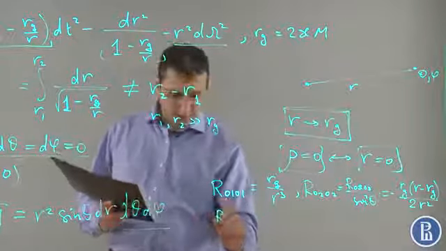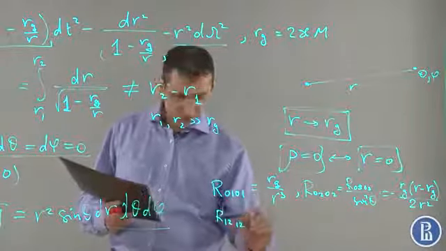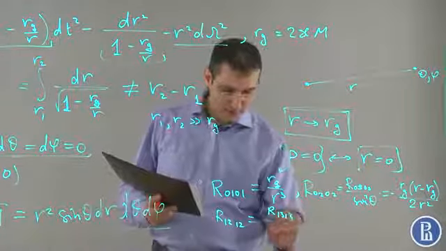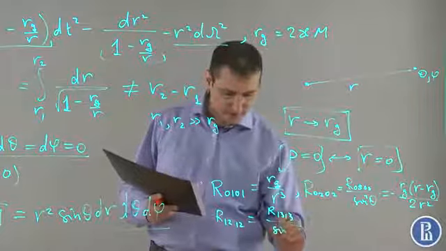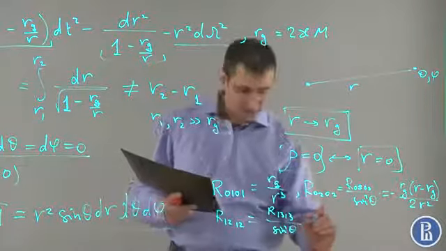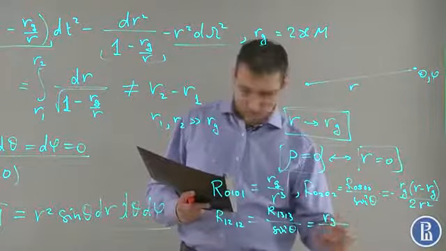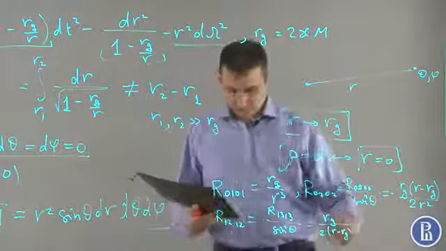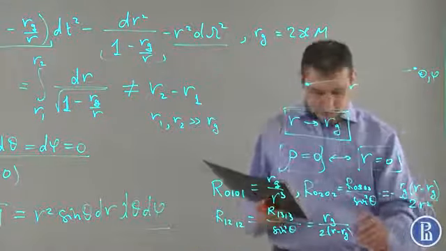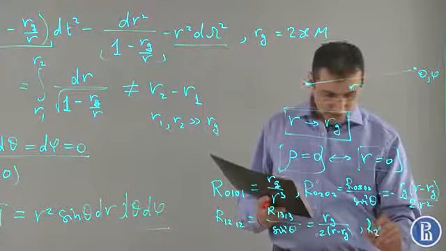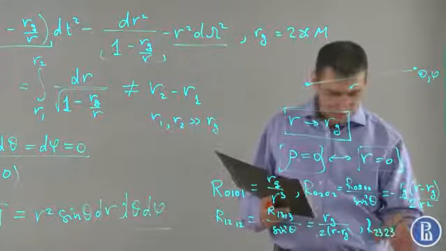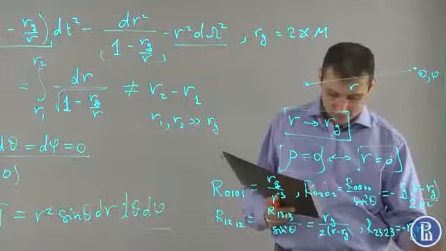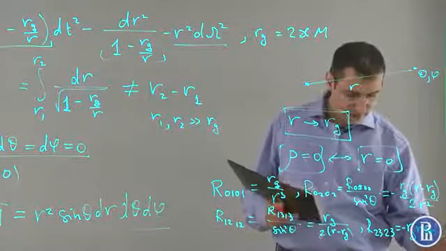And R12 equals R13 divided by sin² θ, which equals rg divided by 2(r − rg). So this component of the Riemann tensor is singular at r equals rg. R23 is equal to minus rg r sin² θ.